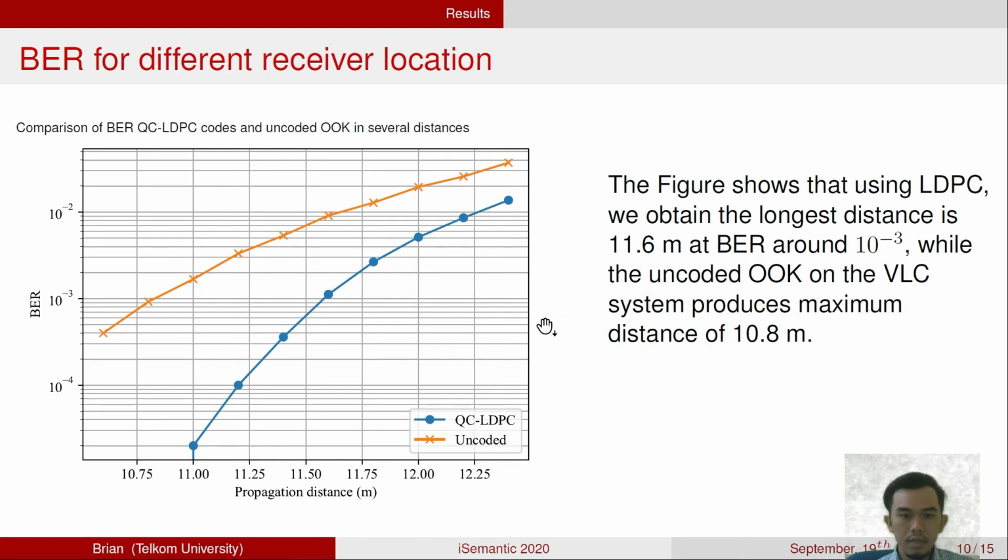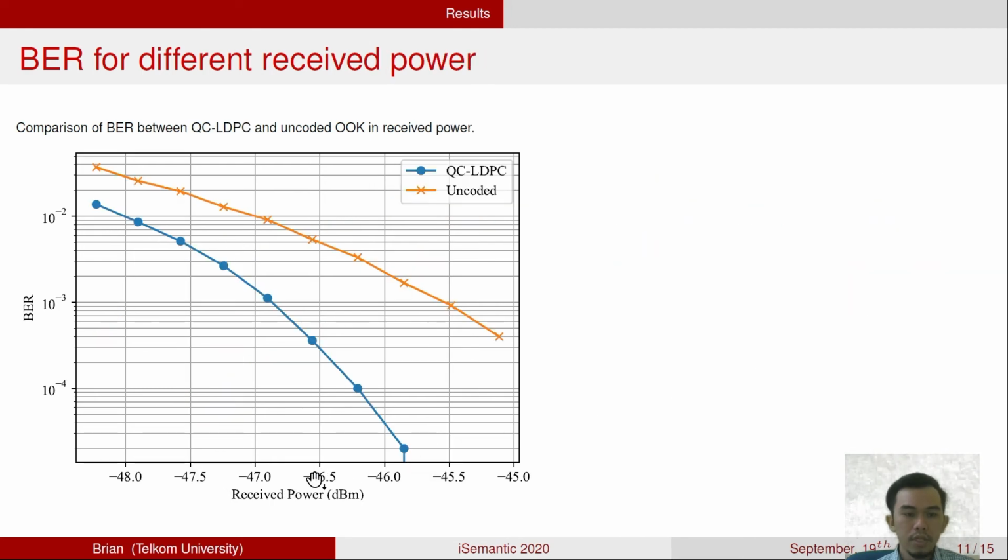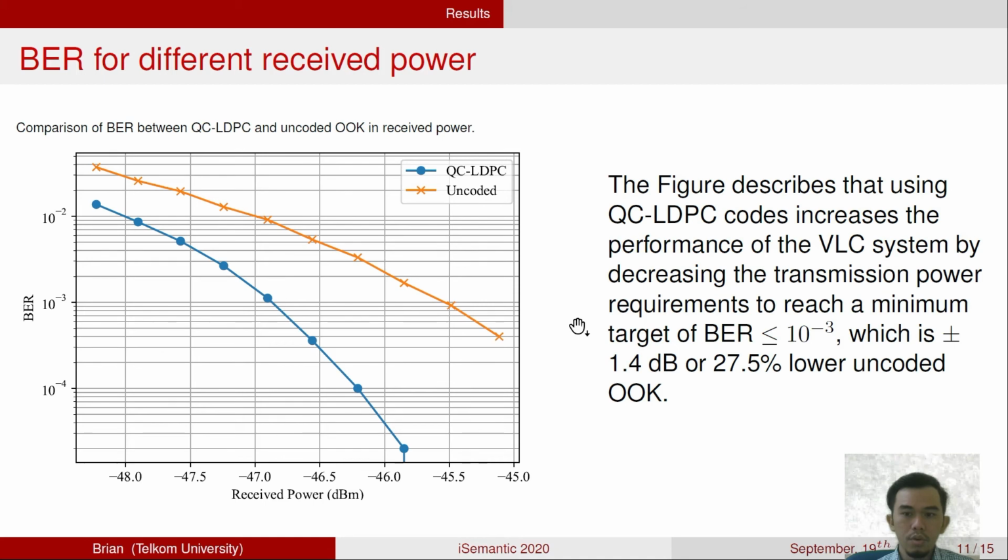If we check this line, if we use LDPC, we obtain 11.6 meters, and if we use uncoded modulation, we obtain 10.8. This is the received power versus the BER. So in this picture, you can see that OOK with LDPC code has a 27.5% power improvement, and we have a coding gain of about 1.4 dB.